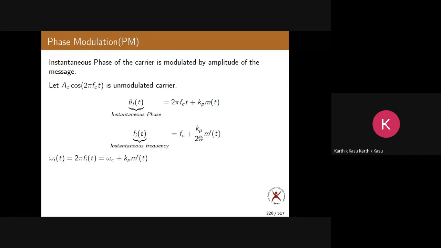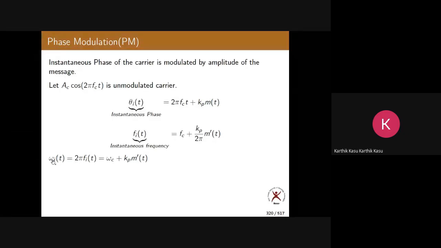You are left with fc plus kp by 2 pi m dash of t. Please remember, these are the instantaneous phase and instantaneous frequency of phase modulation. For phase modulation, we have both the instantaneous phase as well as the instantaneous frequency.